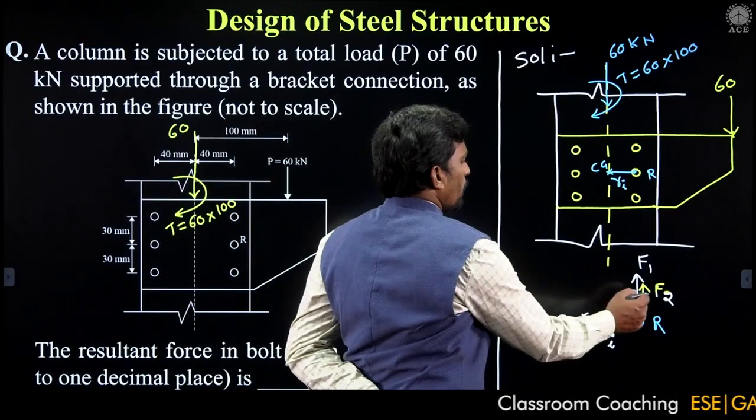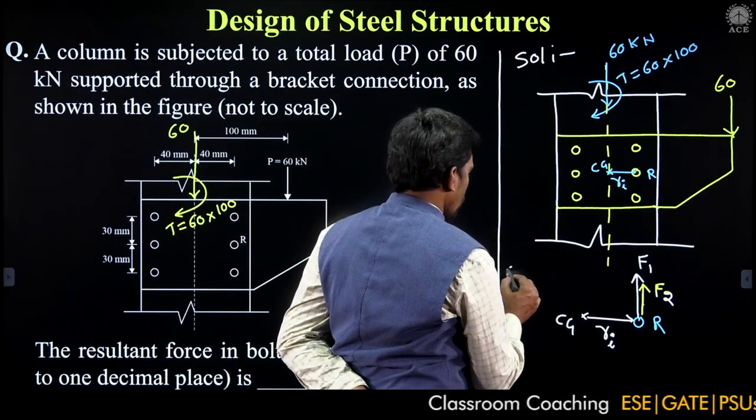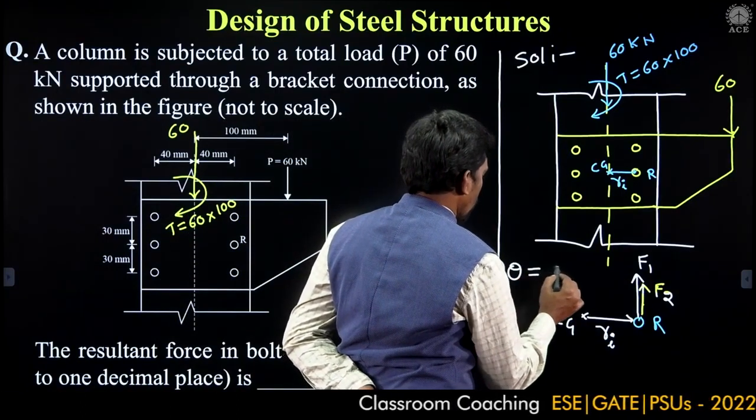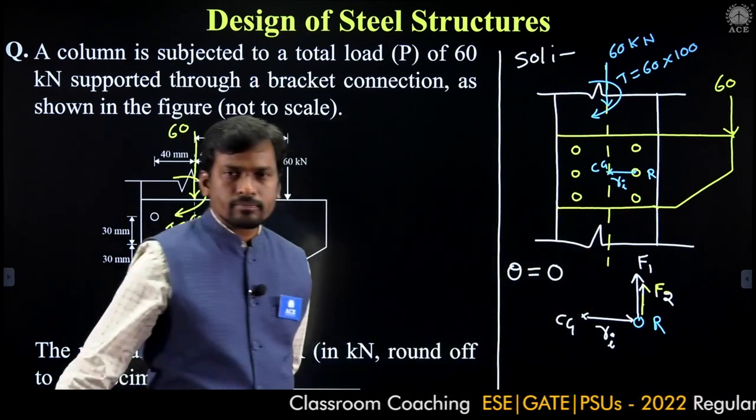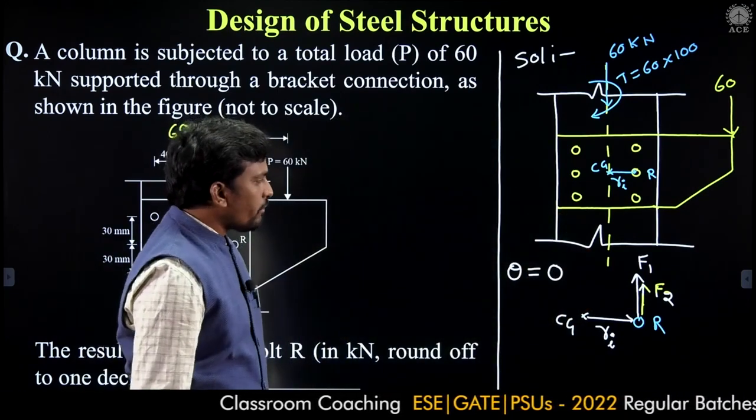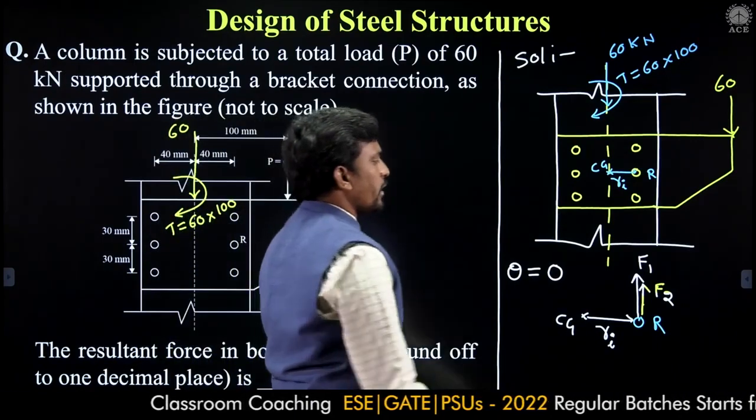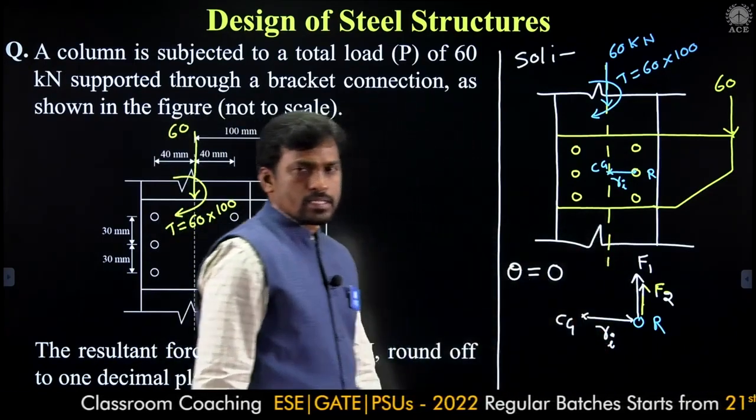Right. So the angle between F1 and F2 equals to 0, right? So theta equals to 0. Okay. Right. Then what is the formula to find the F1 value please?